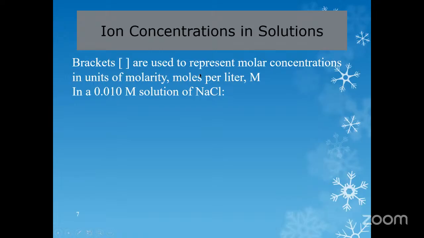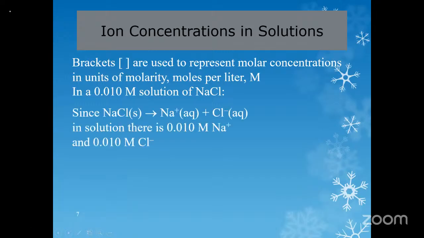So for example, if I gave you something like this, [HCl] = 0.50 M, what this means is the molar concentration of HCl is equal to 0.50 M, right? So basically, that's how you interpret this symbolism here, all right?